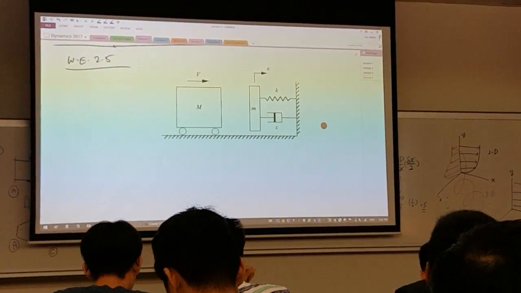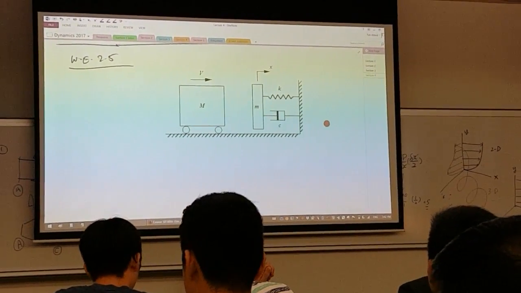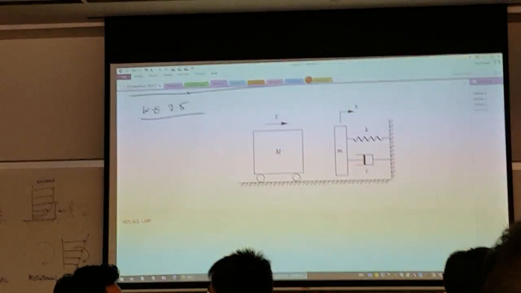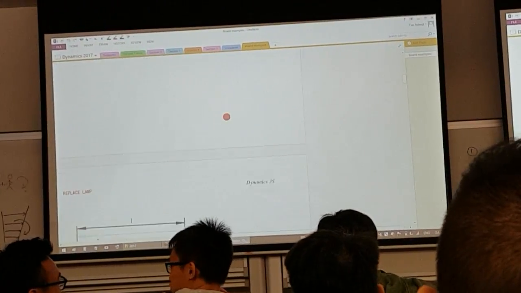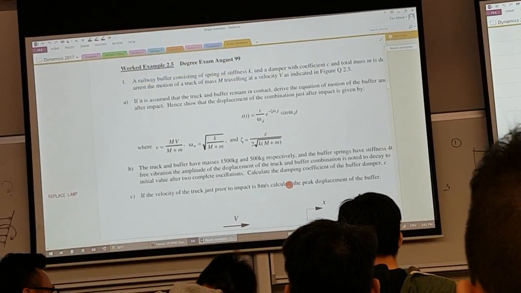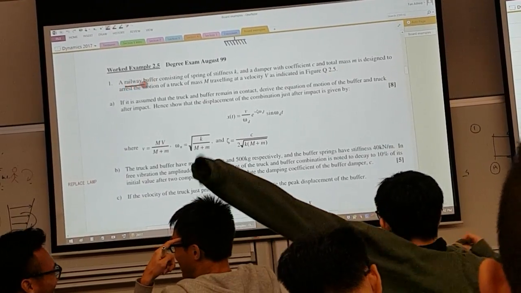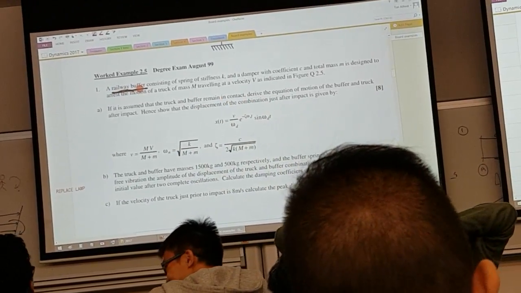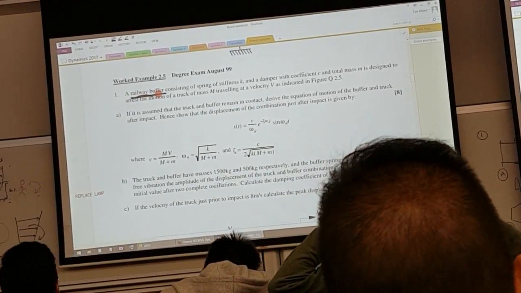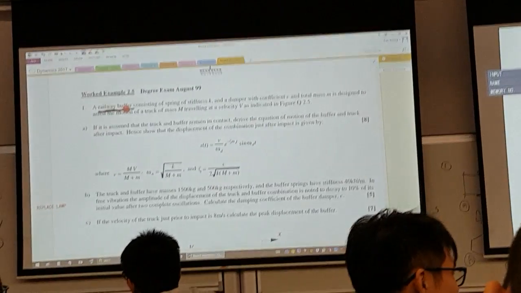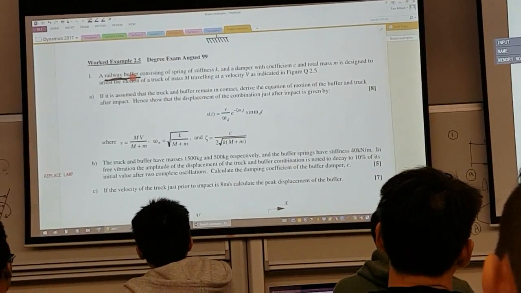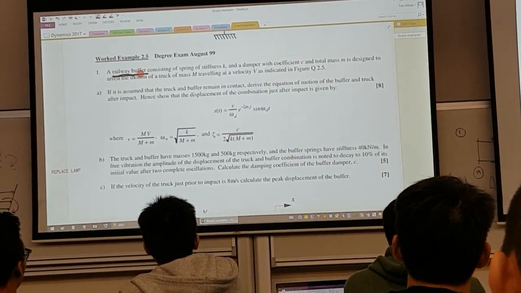If you don't really know what this thing mentioned in this work example is, that is a railway buffer. So I can show you what a railway buffer is by showing you some pictures of a railway buffer.